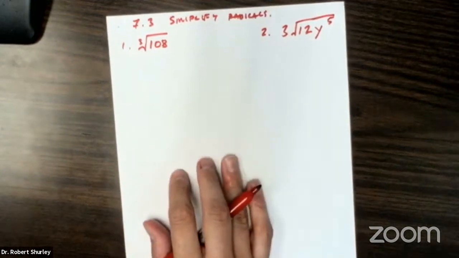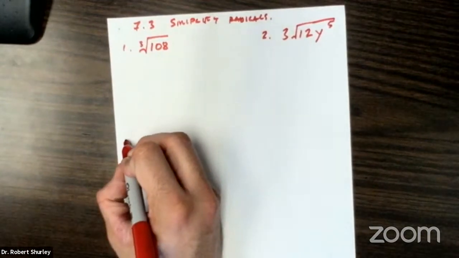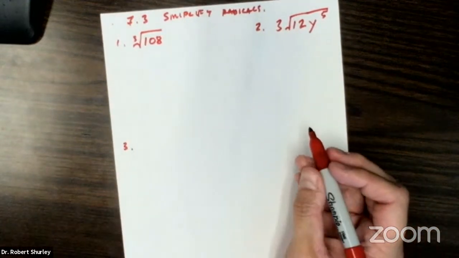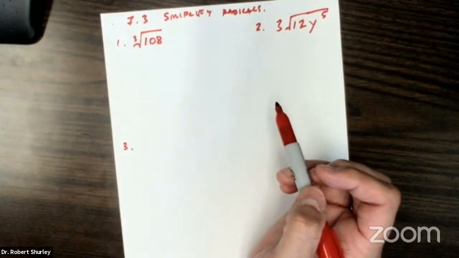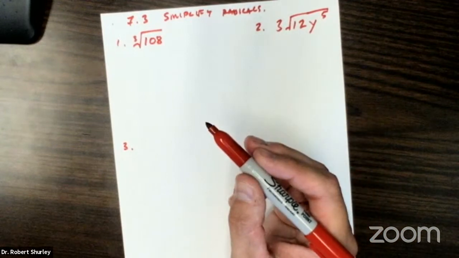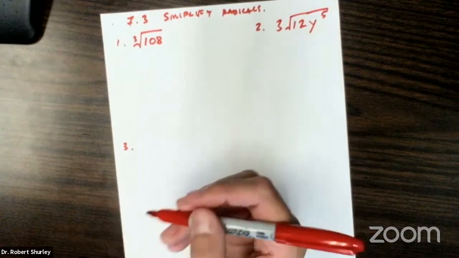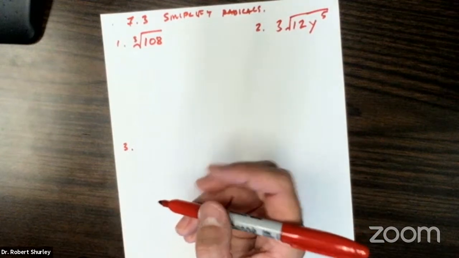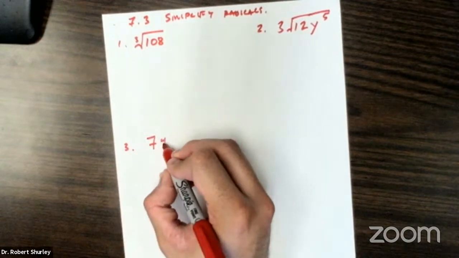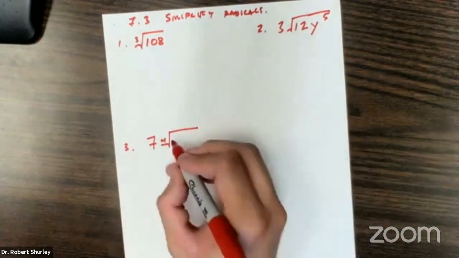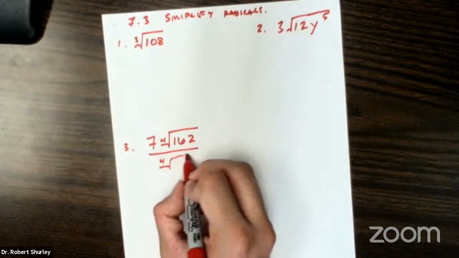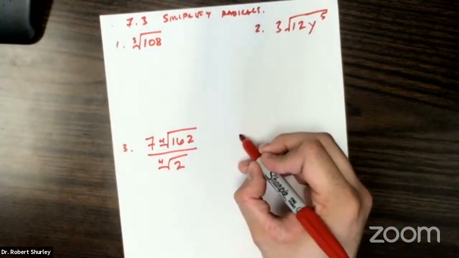And then number 3, oh yeah, I see what they're doing. They're going backwards here. Let's say we're going to do 7. This is number 66 in your homework. I'm stealing this one. 7 4th root of 162 over the 4th root of 2.